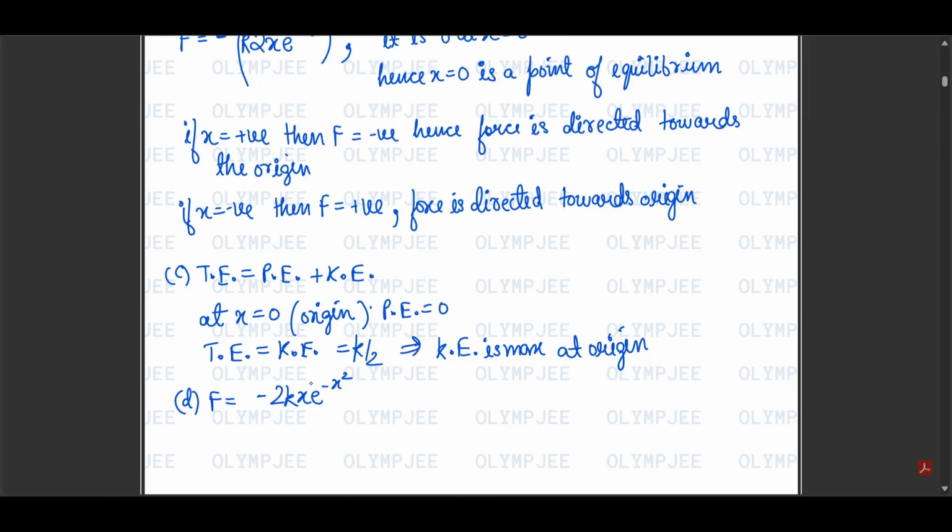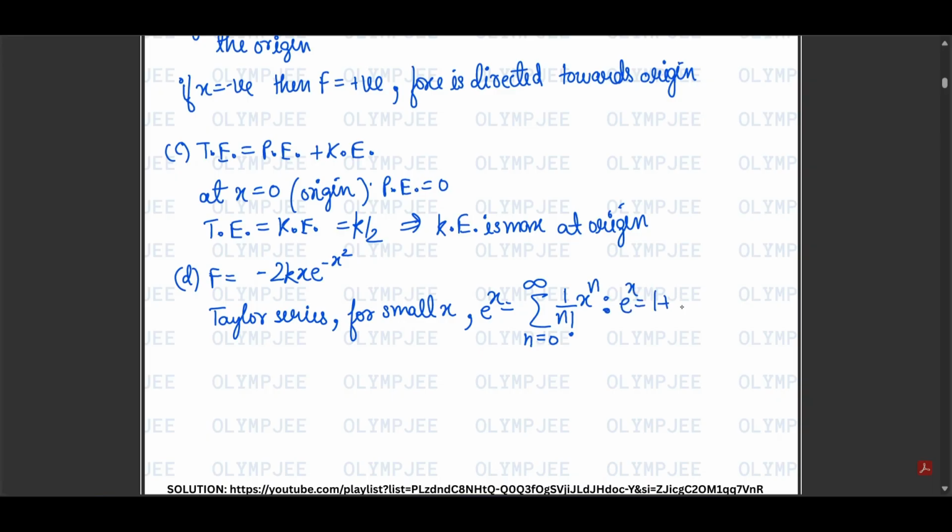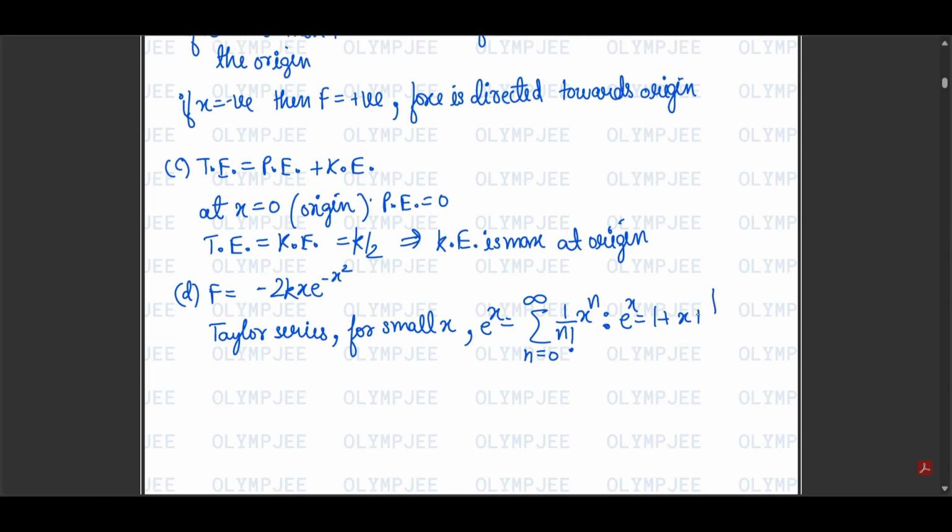We'll see how, because we know that by Taylor series for small x, the expansion of e raised to the power x is given as summation from n is equal to 0 to infinity 1 by n factorial x raised to the power n. So this basically means that e^x is equal to 1 plus x plus 1 by 2 factorial x square plus 1 by 3 factorial x cube and so on.